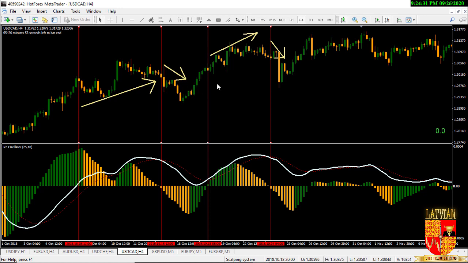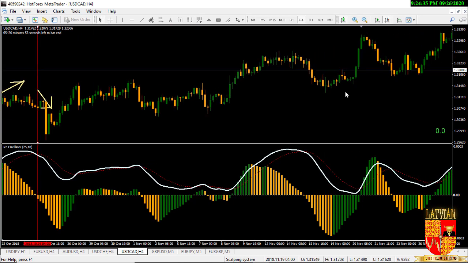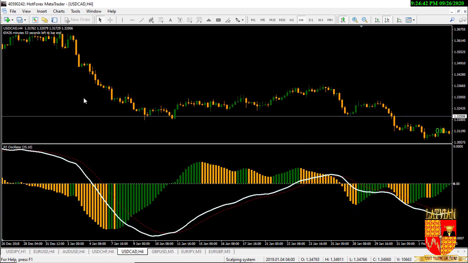Okay, similarly if we take a look at a downtrend, let's try to find it. Okay, so basically here we've got a downtrend, and then we can see that during this whole period when the downtrend started, we had an impulse move to the downside, all the way up to there.